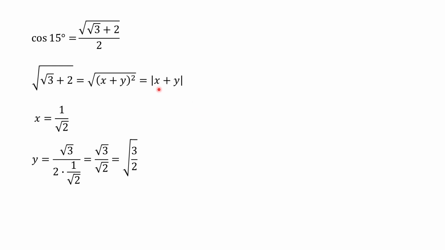Well, for positive numbers, the absolute value of any positive number is that positive number. So in our case, by choosing x and y in the right way, we can simply say that the absolute value of x plus y equals x plus y, and we plug those numbers, and this is what we're going to get.